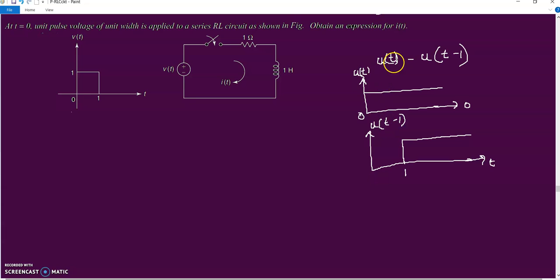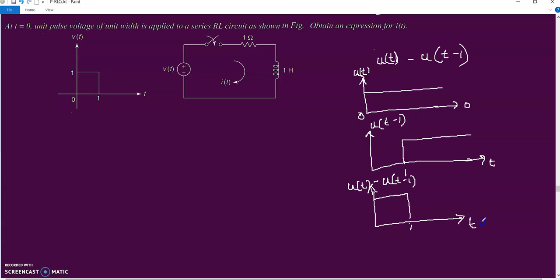So u(t) minus u(t minus 1). See, if we subtract this signal from this signal, what will we get? This. Okay, that is our question. We can represent this as u(t) minus u(t minus 1).